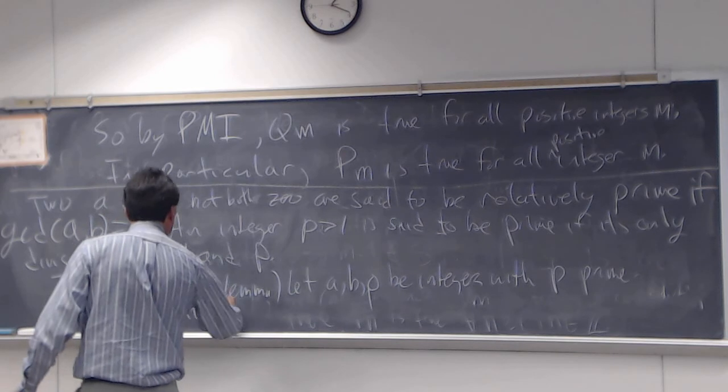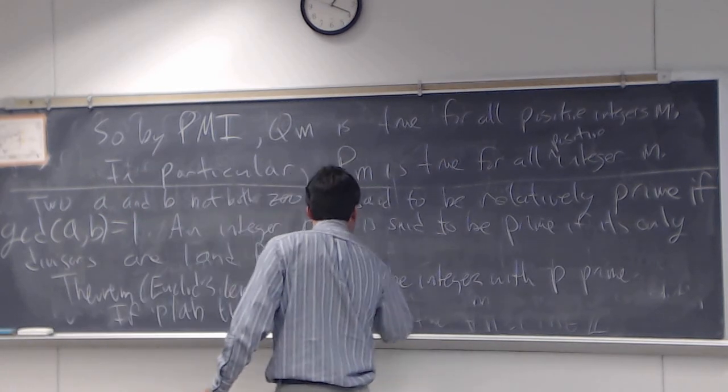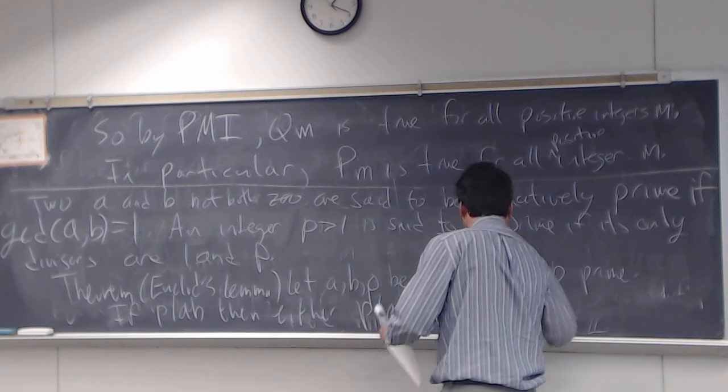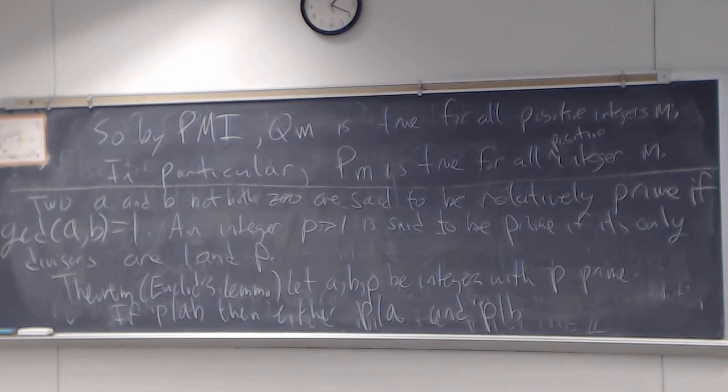If P divides the product of A and B, then P must divide one of those factors.